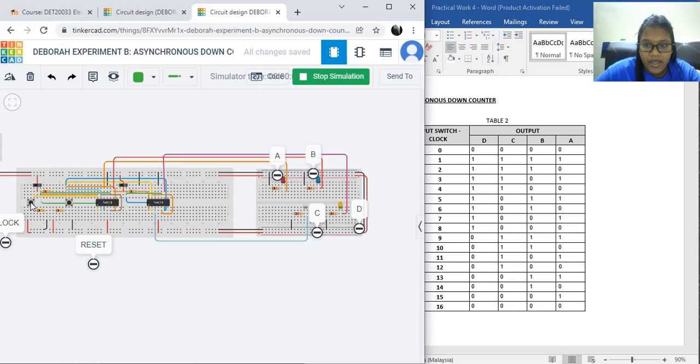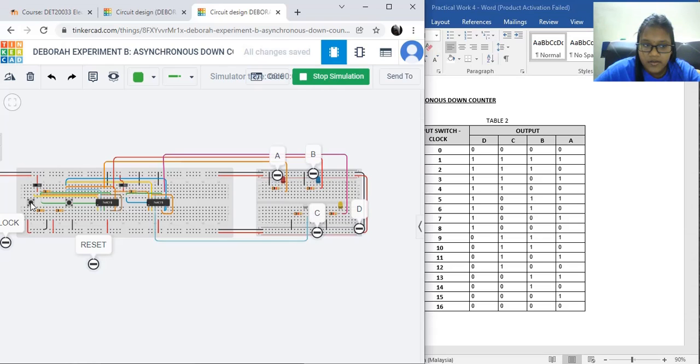And I go for the 9th step, A1 B1 C1, the 10th B1 C1, the 11th A1 C1, the 12th C1, 13 A1 B1, 14 B1, and 15 will be A1.